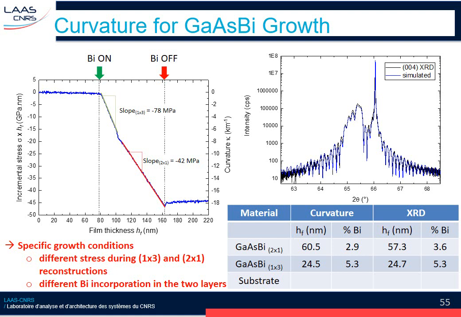You can see here in blue the simulation to fit the diffractogram in black, and this is what the simulation gives at the end of the fit. And you see that there is a very nice correlation between the X-ray diffraction and curvature in terms of thicknesses and also in terms of bismuth content.